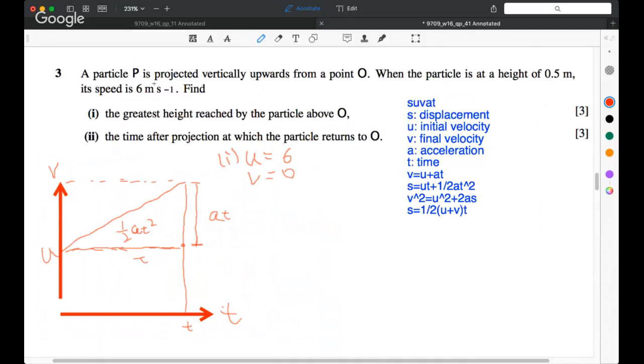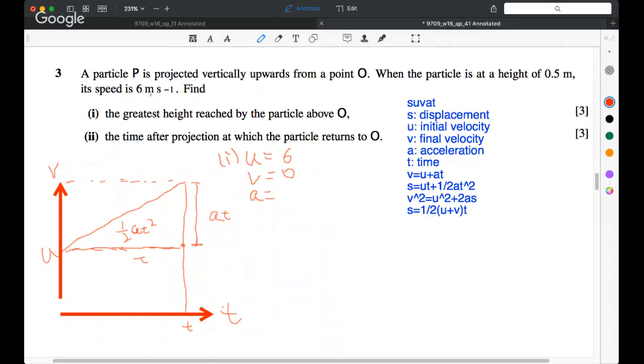What else do we know? What's a? It's the acceleration throughout the question. What's causing it to change its speed as you throw something out? What force is causing everything to fall down? Gravity.